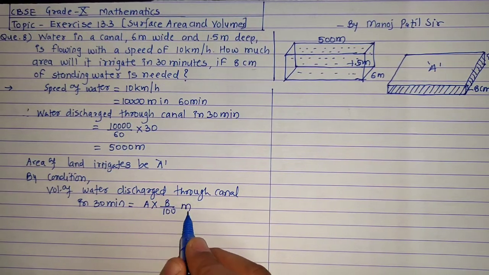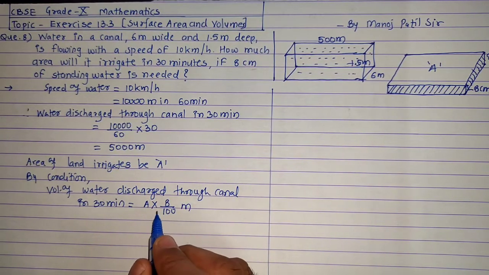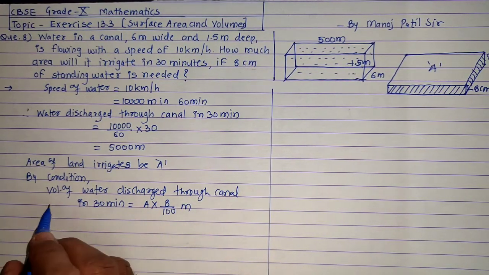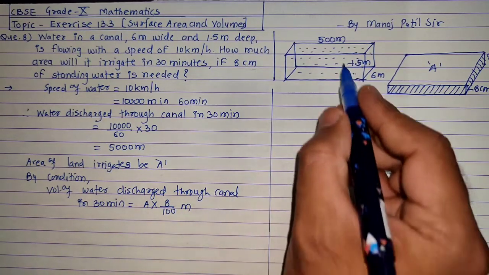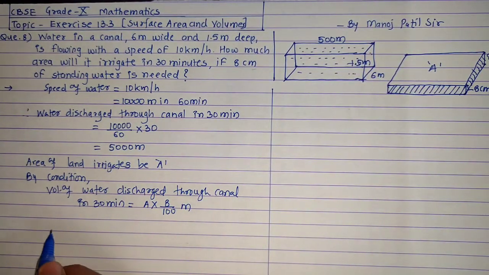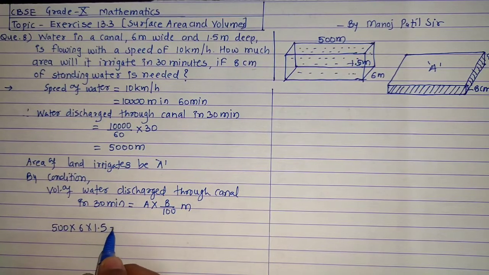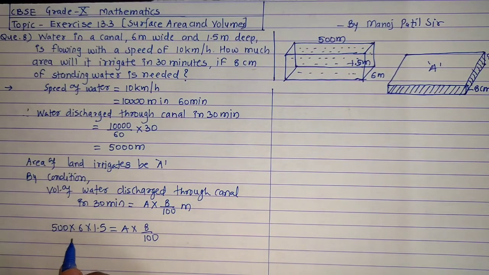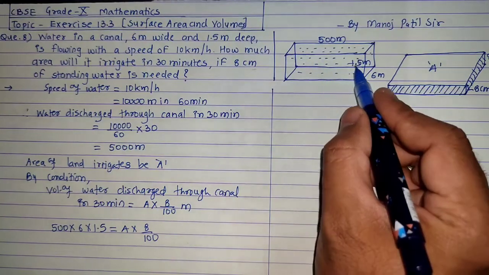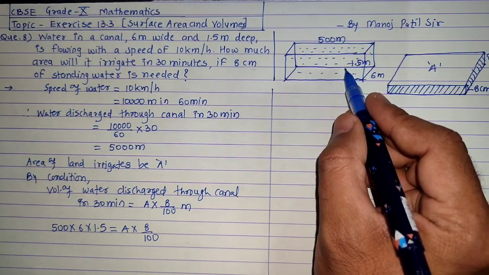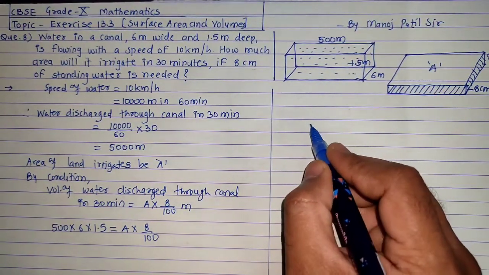So we have to convert into meter, so this 8 upon 100 meter will be the standing water. So the volume of water discharged through the canal is length into breadth into height, that is 5,000 multiplied by 6 multiplied by 1.5 equal to A multiplied by 8 upon 100. So this much will be the volume of water which will discharge through the canal in 30 minutes.